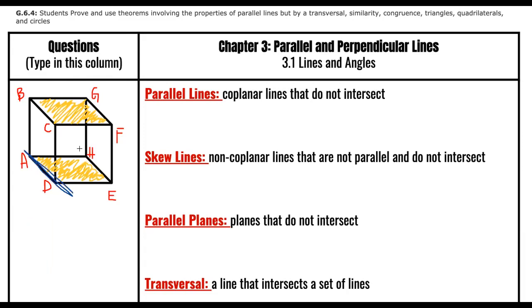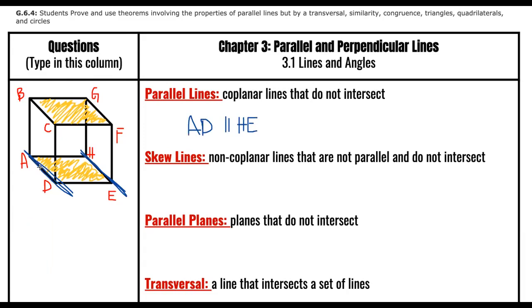It would be parallel to HE, because they're in the same plane and they're not ever going to cross. So you can add that here and say AD is parallel to HE. Those two vertical bars are the shortcut abbreviation for parallel lines. Okay, so that's one option.